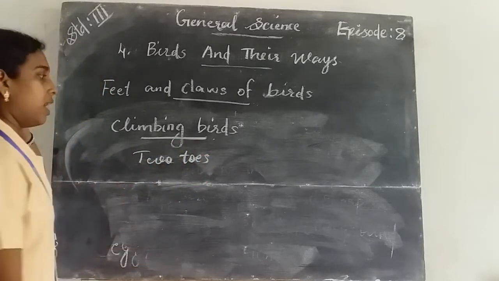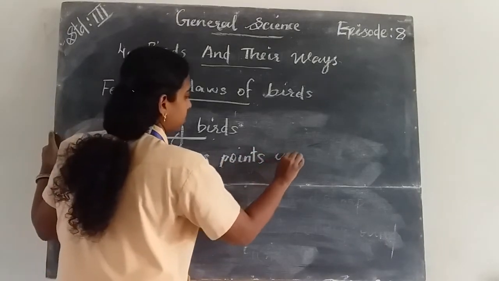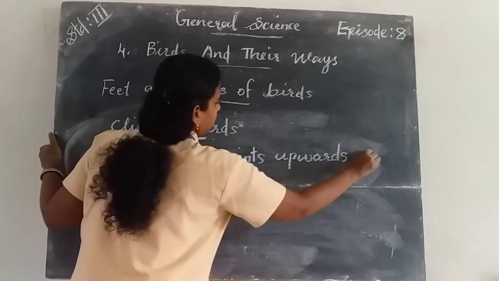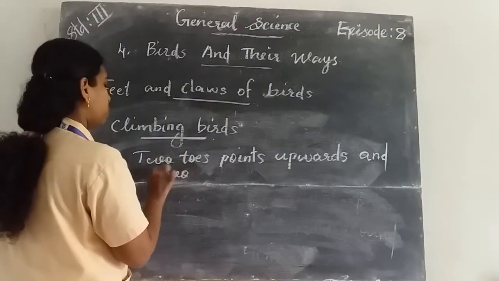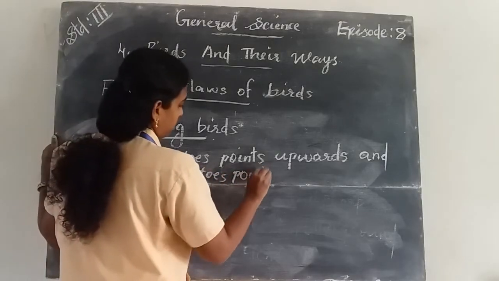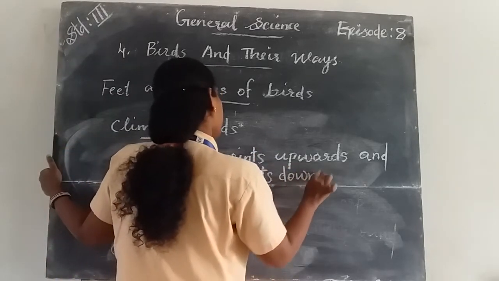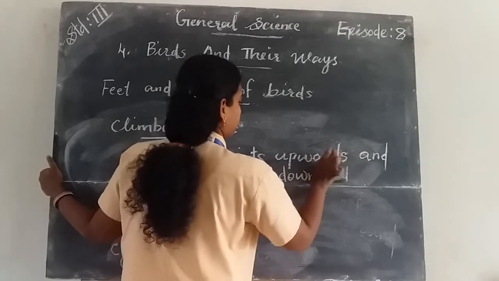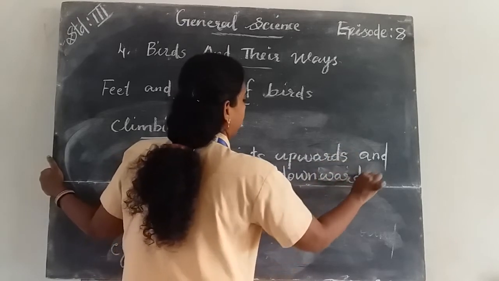Toes means കാൽവിരലുകൾ. Toes point upwards and the other two toes point downwards.